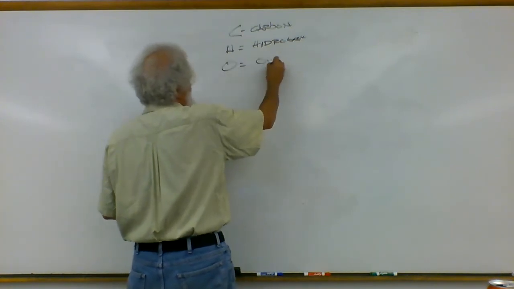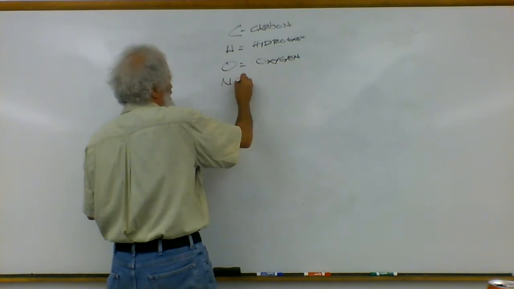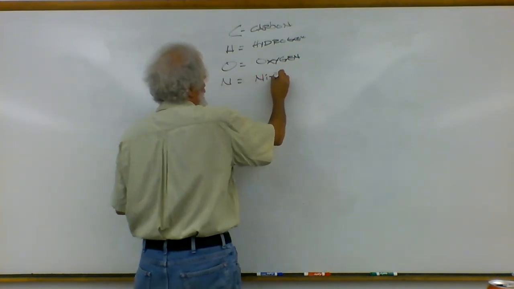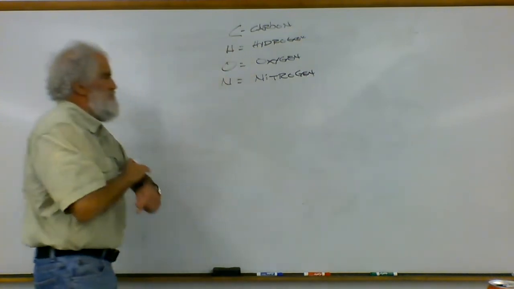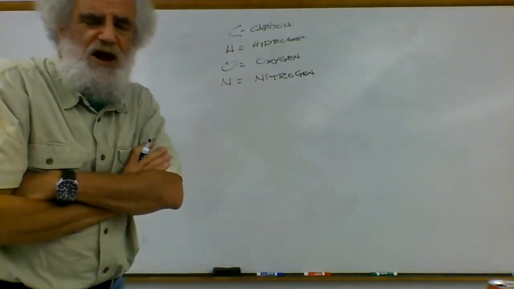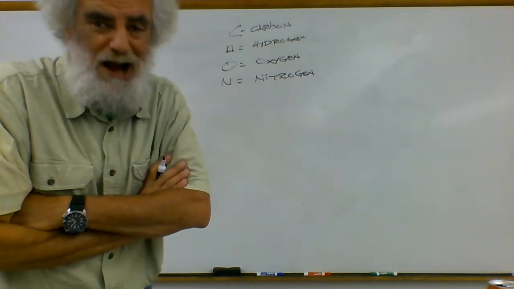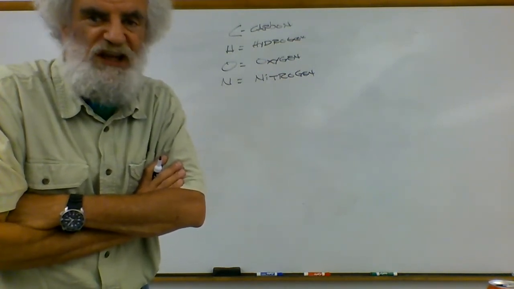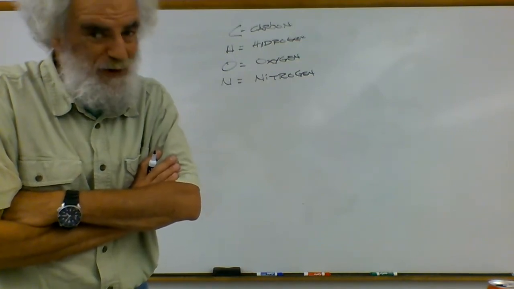O is oxygen. N is nitrogen. Pretty much those 4 guys, CHON, they make up the bulk of what living things are made up of. Carbon, hydrogen, oxygen, nitrogen, that pretty much covers it.